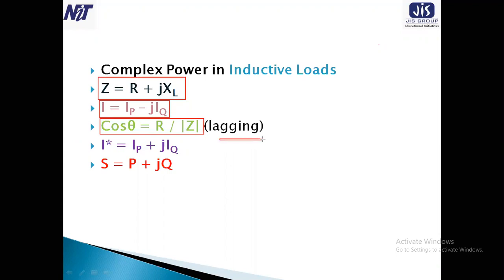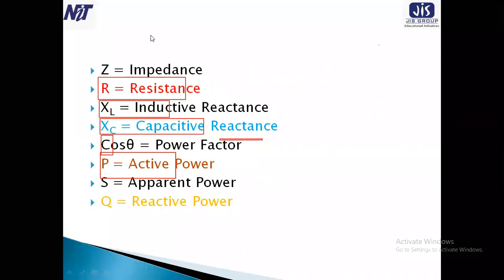The last one was leading and this one is lagging. So if I equals IP minus JIQ, what will be the complex conjugate I star? That will be IP plus JIQ, and the value of S will be P plus JQ. So for an inductive load, S equals P plus JQ. For a capacitive load, S equals P minus JQ. These are the values we have to remember.